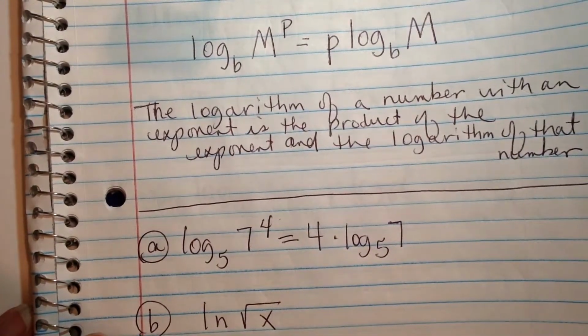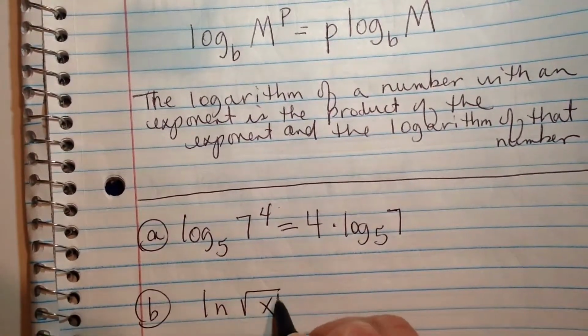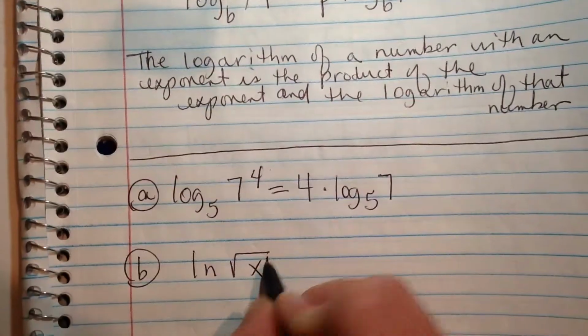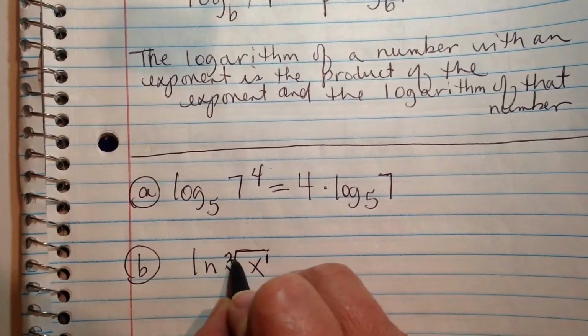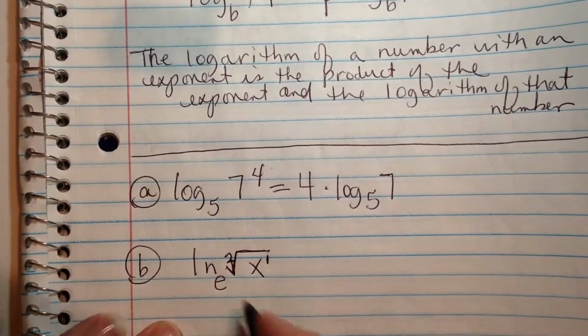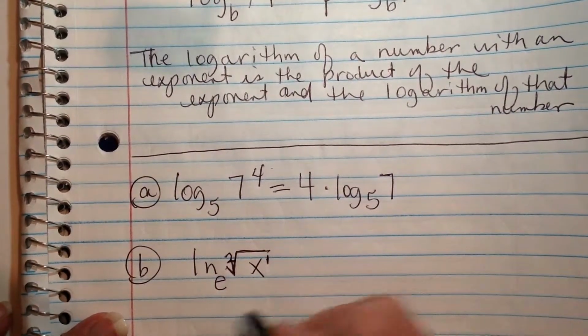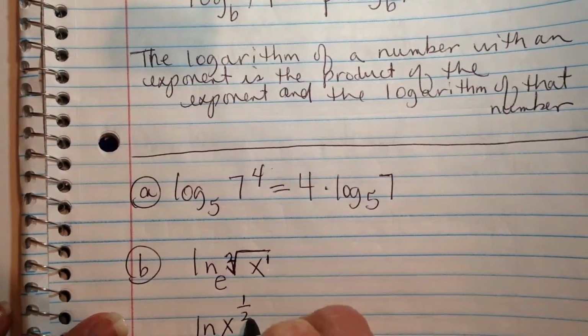Now remember, we can't have radicals, so we need to change that to exponential. X is being raised to the first. We're taking the square root. Anytime you don't see a root, it's understood to be 2. This is base e. So really this is ln of x to the 1/2 power.